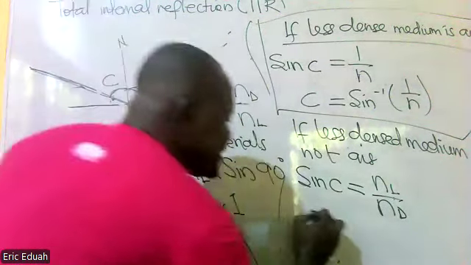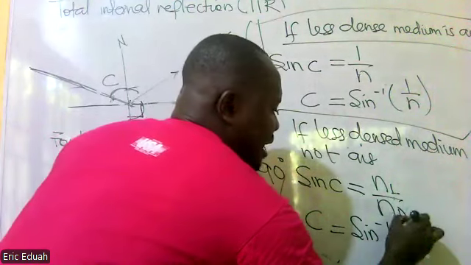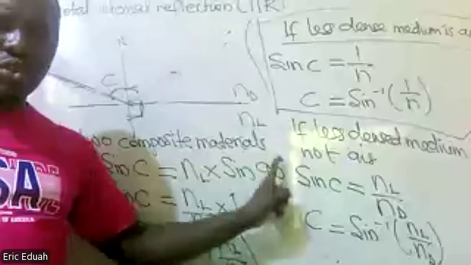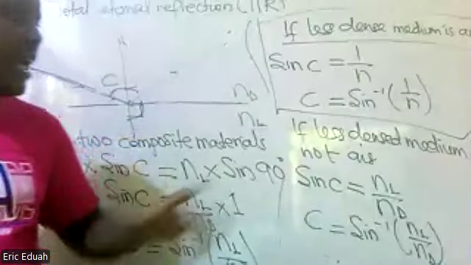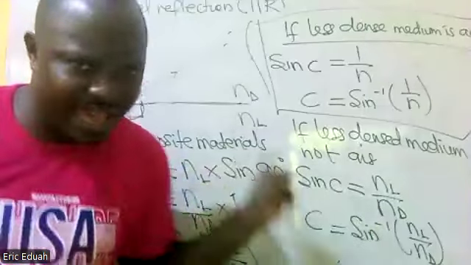And C will be equal to sine inverse of NL over ND. So these two relations also apply if the less dense medium is not air.